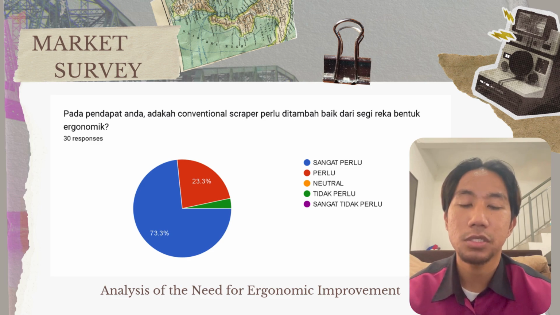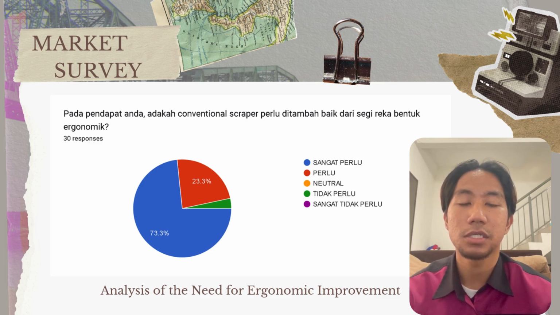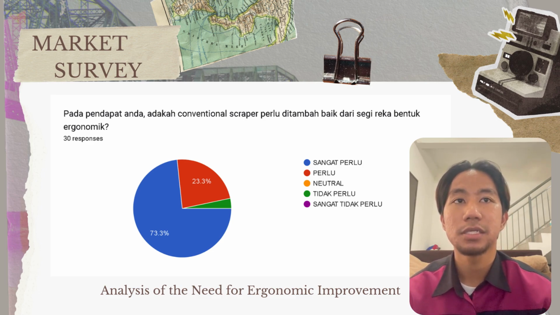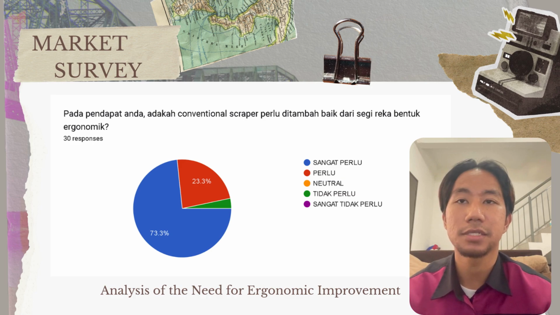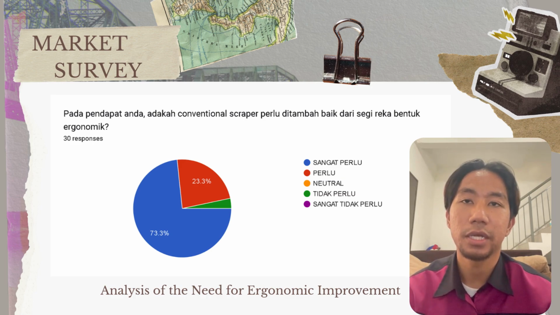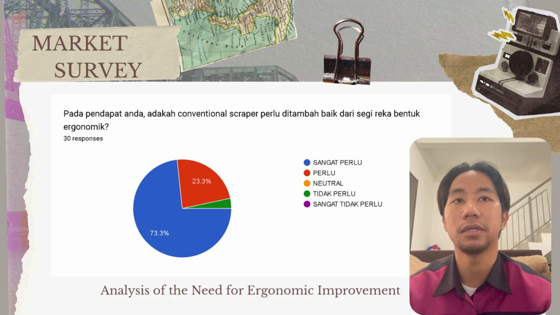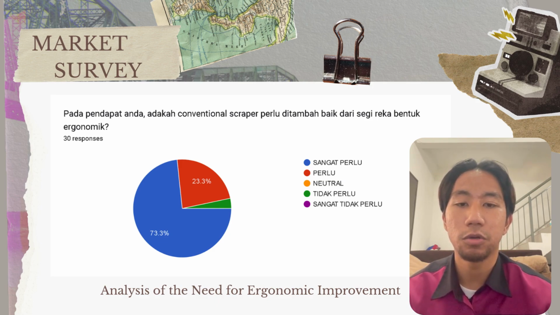Nearly 3/4 of the respondents, 73.3%, believe that improvements are very necessary, while 23.3% state they are necessary. Combined, 96.6% of 30 respondents agree that the current design is inadequate and requires ergonomic intervention.